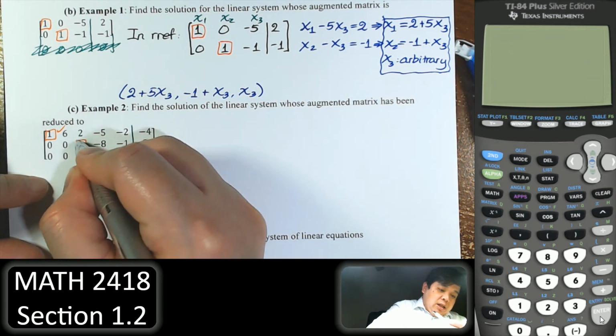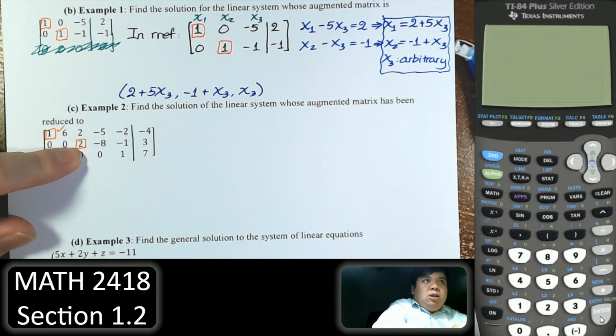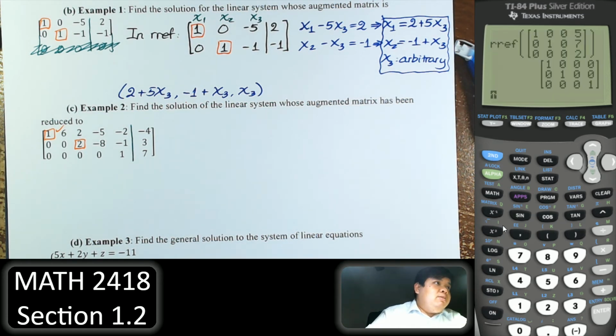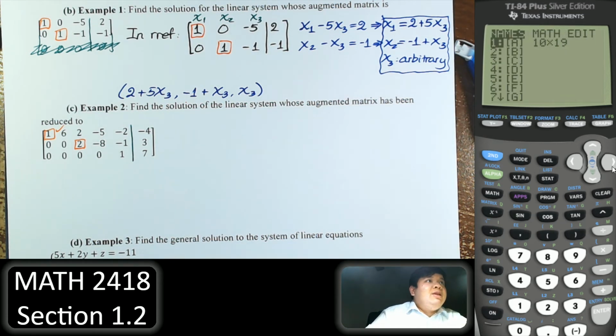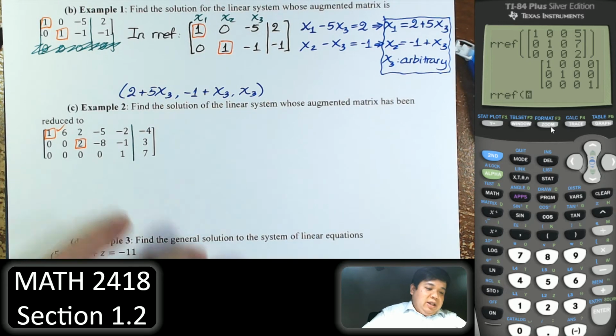This is supposed to be 1, so that is not 1, so that is not reduced row echelon form. So let's do that. Yeah, we just use the calculator to do this. I think we've done enough examples of how to do this by hand.